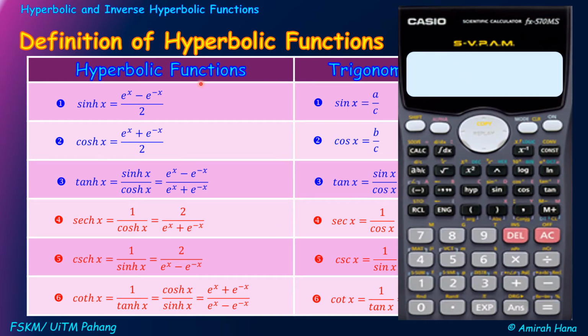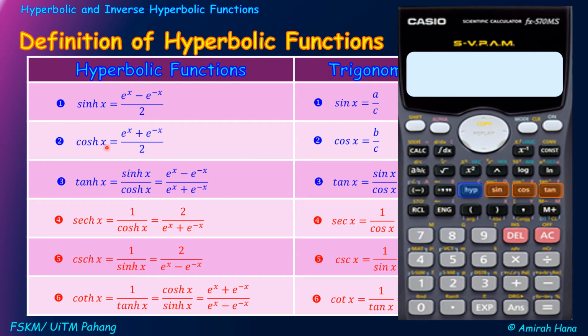How to calculate hyperbolic function using calculator? In the calculator, we only have sine, cos, and tangent, which are trigo functions. To evaluate hyperbolic function using calculator, we must use the button HYP, which stands for hyperbolic. So to calculate sinh x, we must use hyperbolic sine.